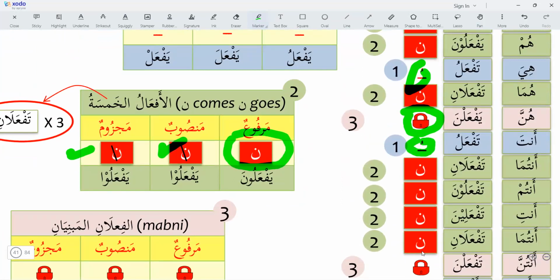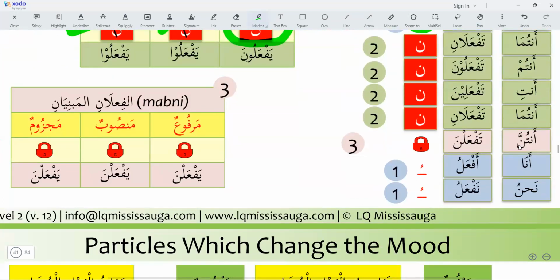And antunna taf'alna, this is also mabni. Ana af'alu, dhamma is alamte rafa. Nahnu naf'alu, dhamma is alamte rafa.